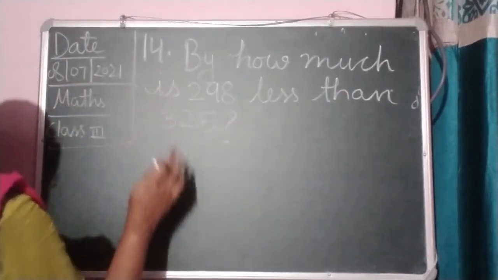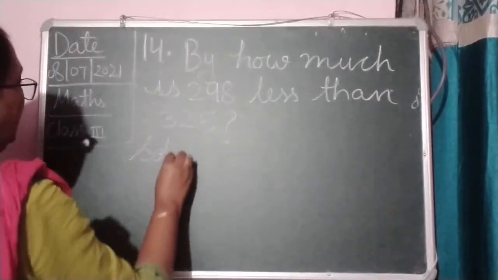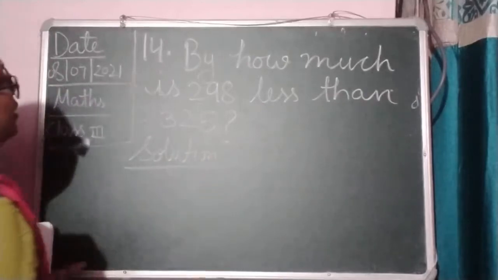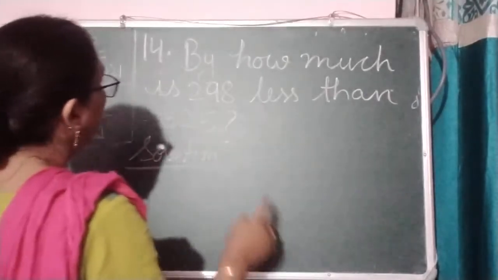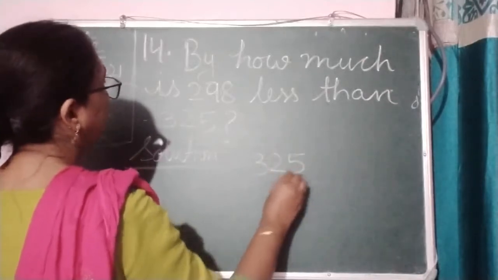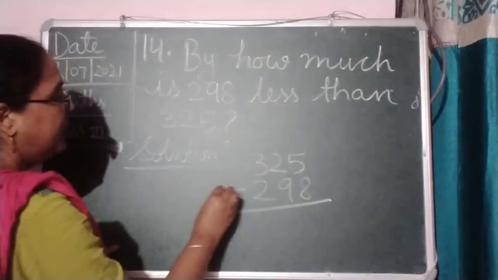Question. Now here we will do the solution. It is very easy, children. First we have to subtract 298 from 325. So we can take out the difference first.